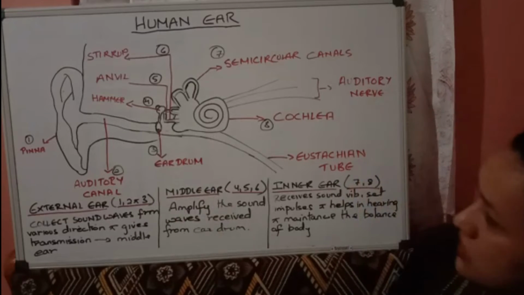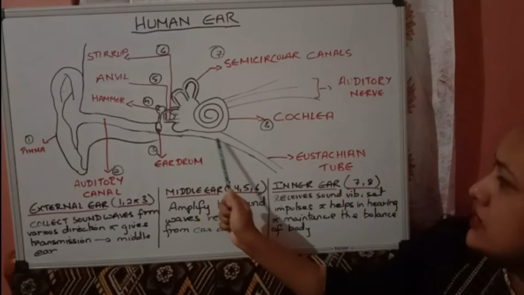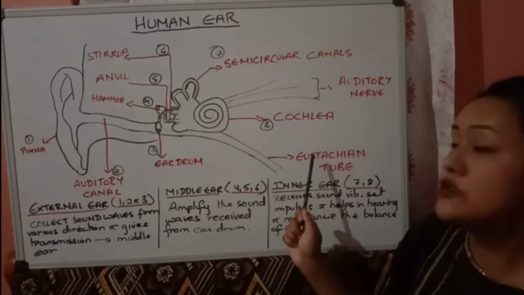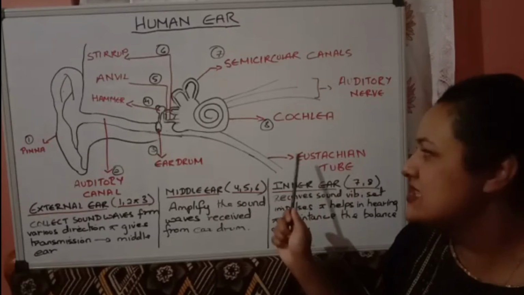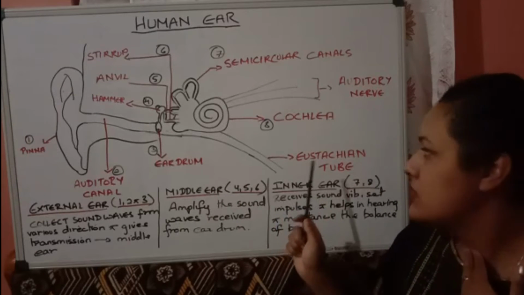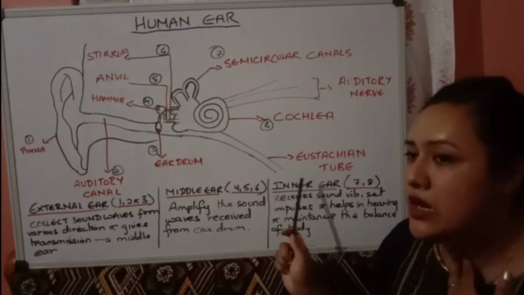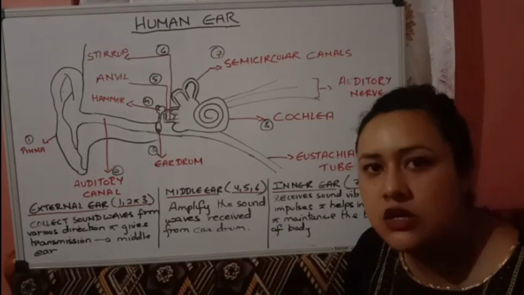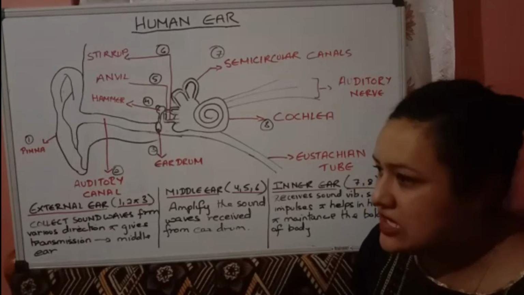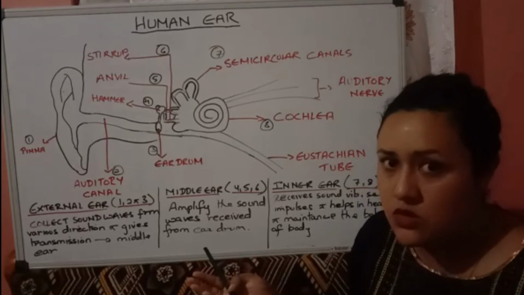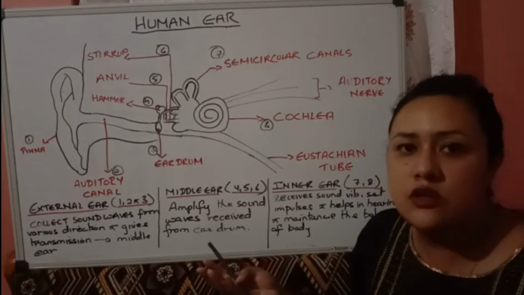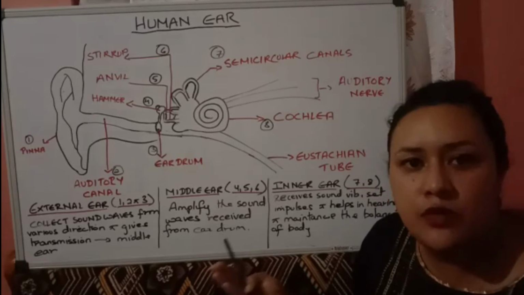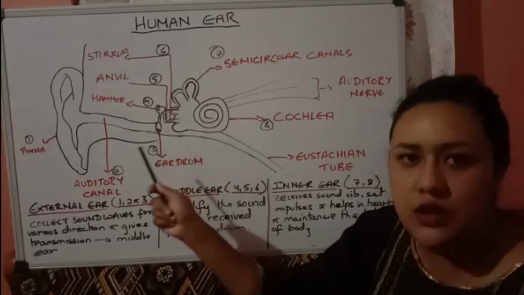The eardrum is connected to a tube-like structure, the Eustachian tube, which is connected with the pharynx. This Eustachian tube protects your eardrum from getting damaged. It keeps the equilibrium of the air pressure on both sides of the eardrum.